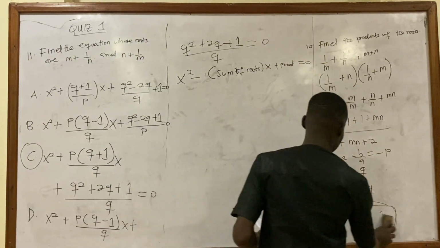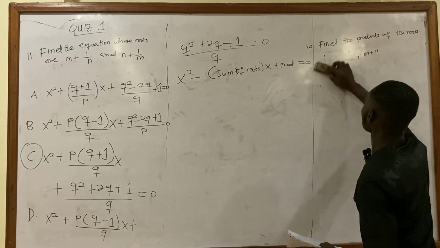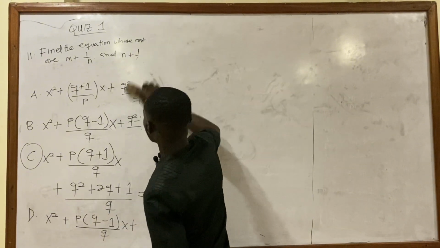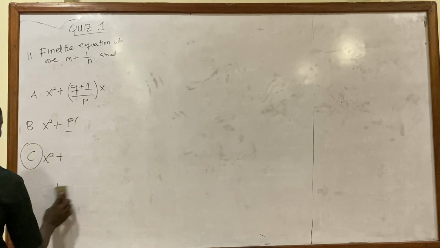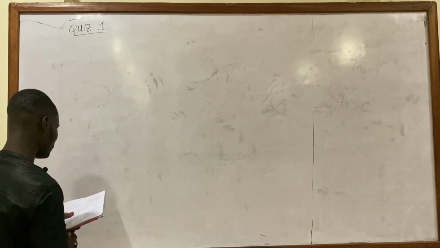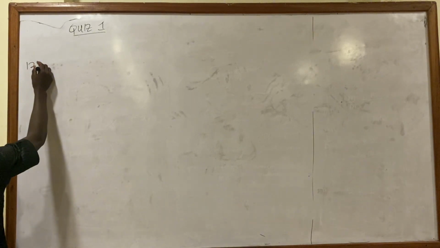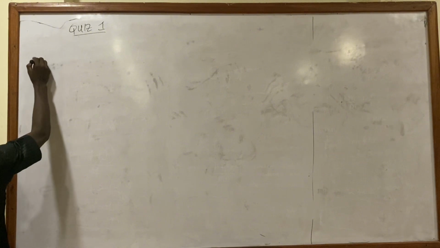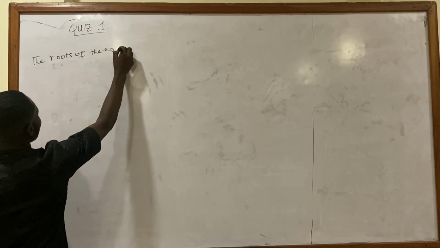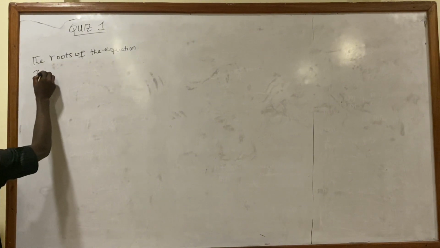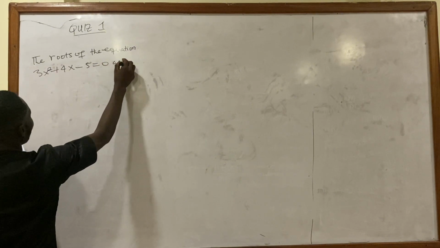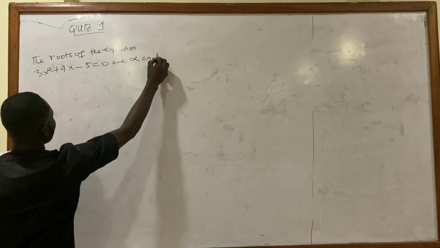Question 12. Question 12 says, or this is the preamble, they said the roots of the equation 3x squared plus 4x minus 5 equals 0 are alpha and beta.